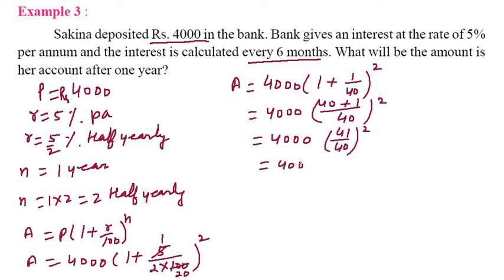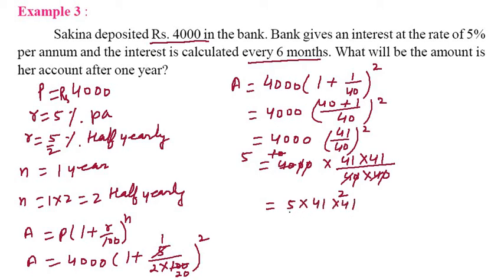So that is 4,000 into 41 into 41 upon 40 into 40. So 0 and 0 will be cancelled with this 0 and 4 1 is 4. So we get 10. So 2 2 is 4 and 2 5 is 10. So we get only 5 into 41 into 41 divided by 2.